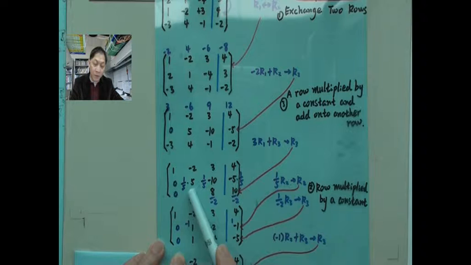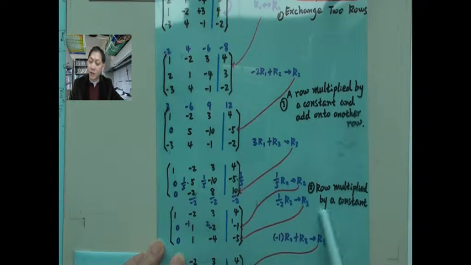Okay, 1 divided by 5 is 1. Negative 10 divided by 5 is negative 2. Negative 5 divided by 5 is negative 1. So the second operation is a row multiplied by a constant.